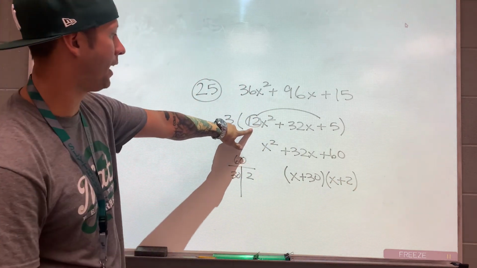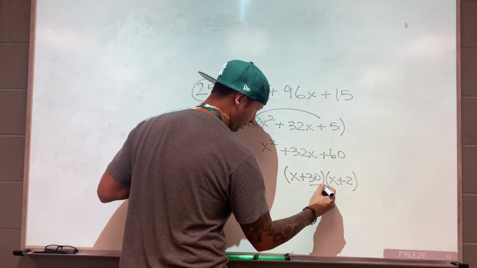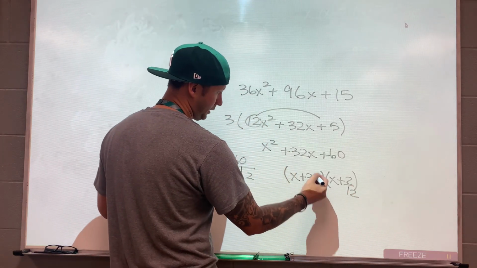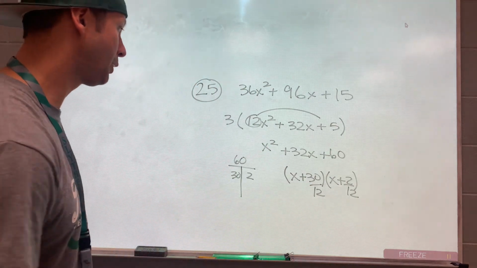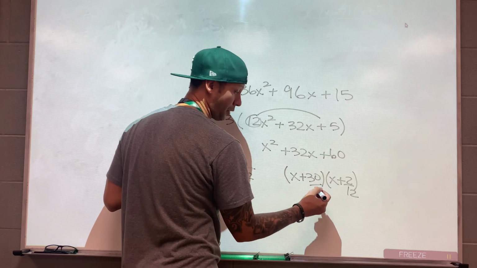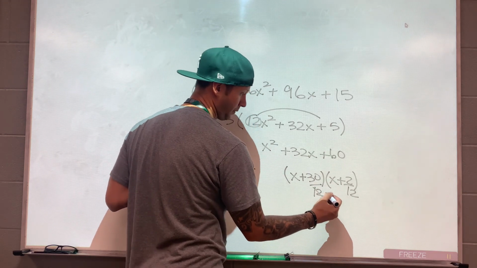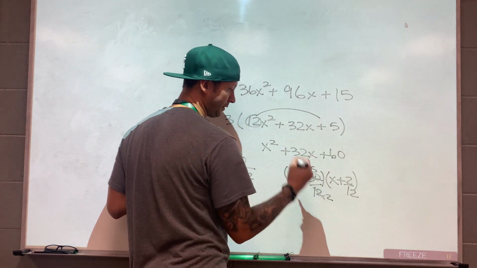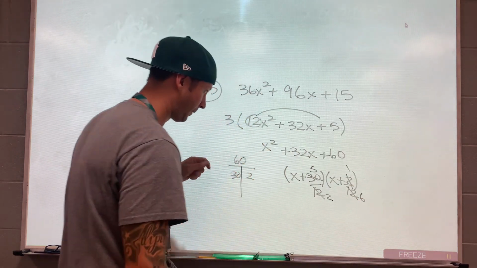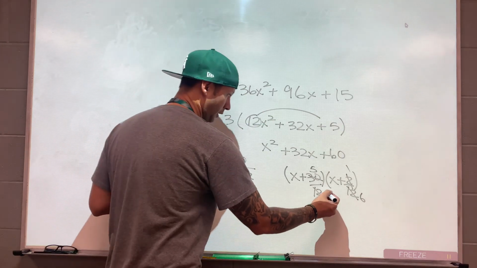I have to divide a 12 out. 3 can go into both of these. 6 can go into both of those. So 6 would be 2, 6 would be 5, 1, 6. These numbers are going to move up.